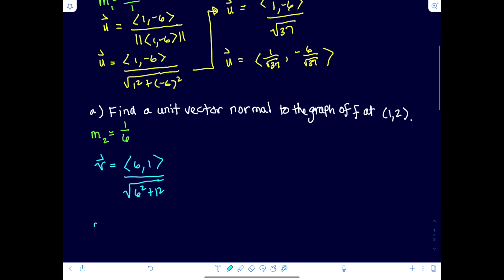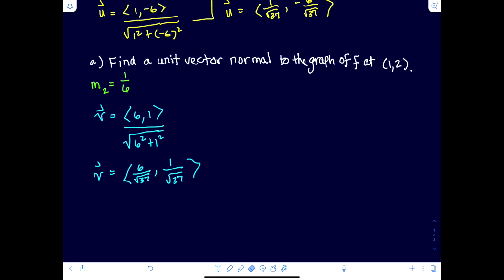It's the same, root 37. So v will equal (6 over root 37, 1 over root 37). Good.